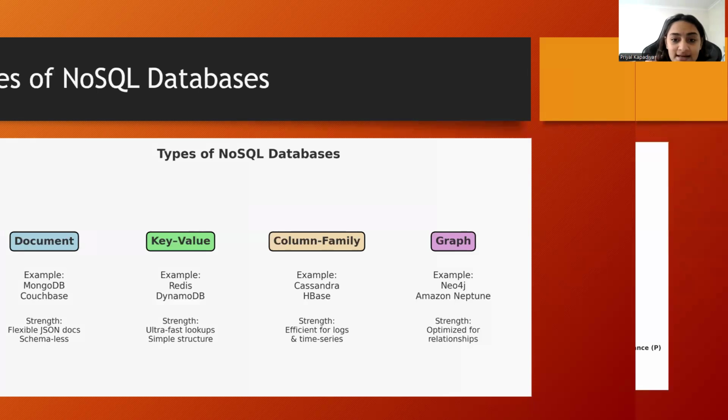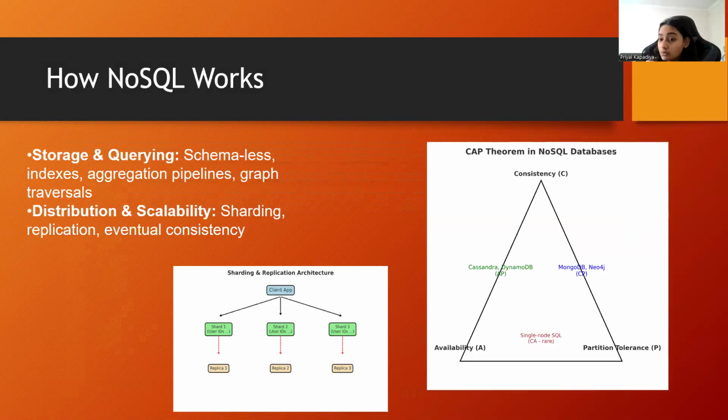Let's move to the next slide, and that is how NoSQL works. There are a few core features of NoSQL systems. Instead of upgrading a single server, NoSQL database uses horizontal scaling, as said before.